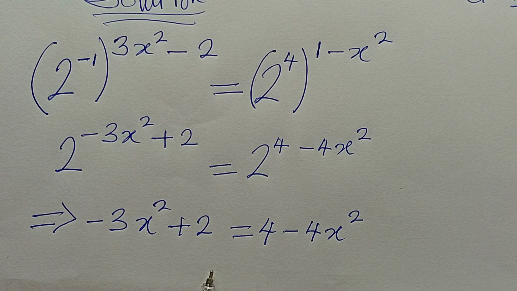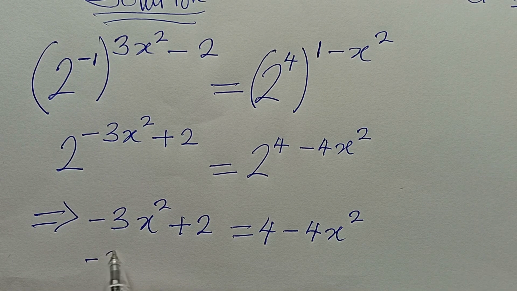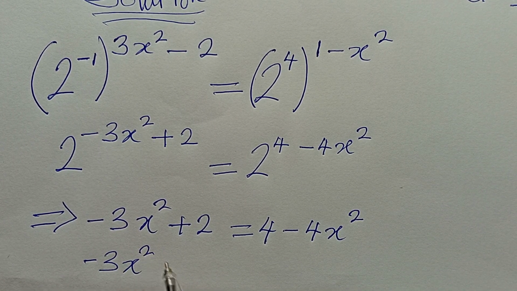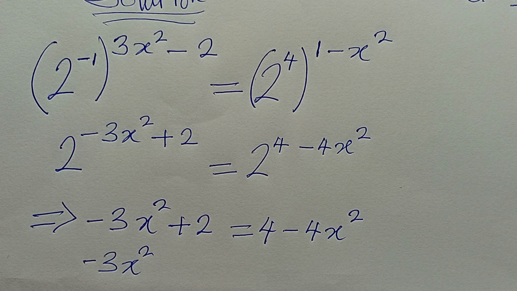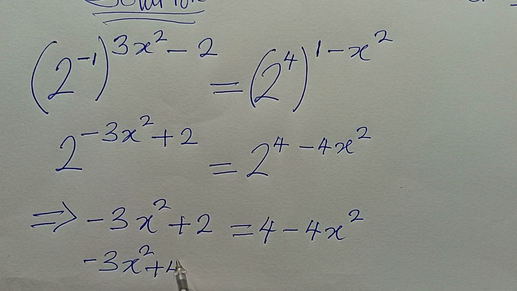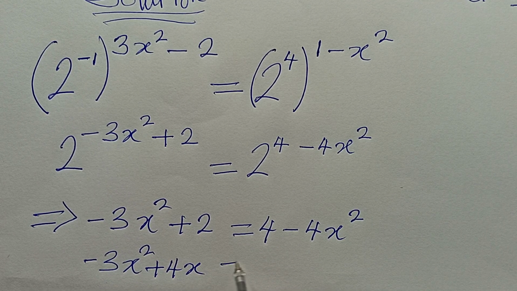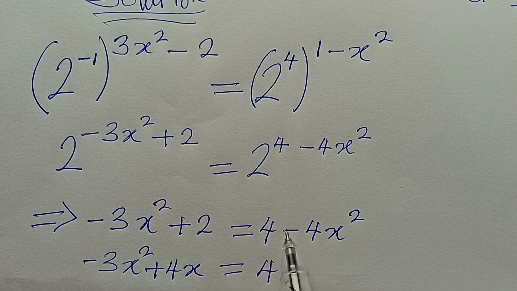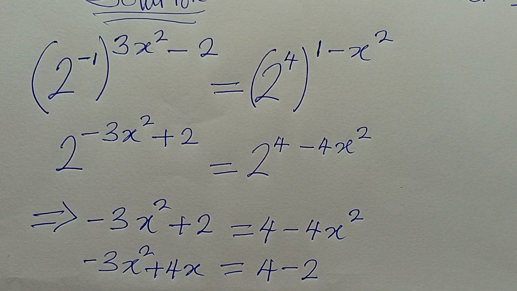Move all the terms having x to the left hand side and the constant term to the right hand side. So this is going to give us −3x². If this crosses the sign of equality, it turns to plus 4x² equal to, we have our existing 4 here, then move this to this side, turns to minus 2.